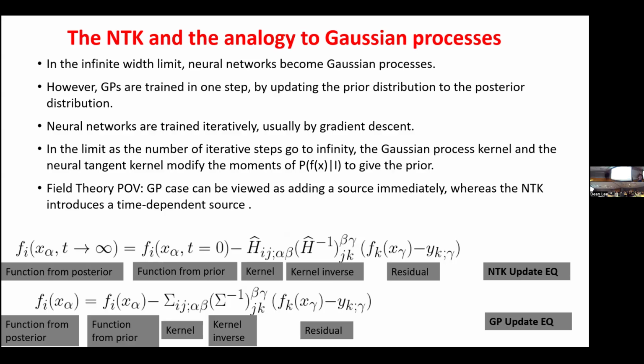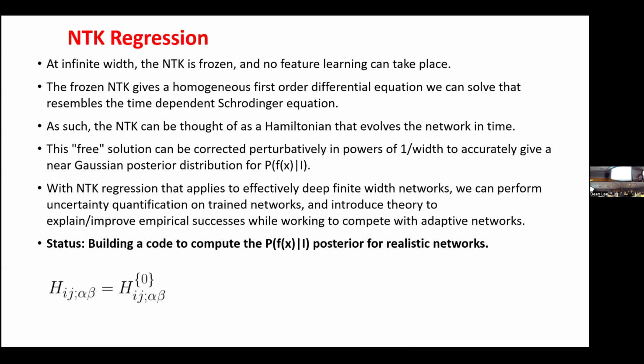Whereas the NTK is going to do a time-dependent source that gradually introduces this and looks at the response to data being introduced. So the neural tangent kernel at infinite width is frozen. It remains constant, and we don't get any feature learning.